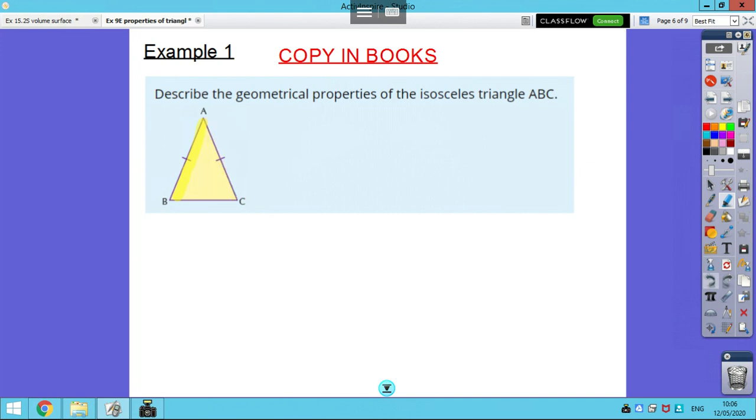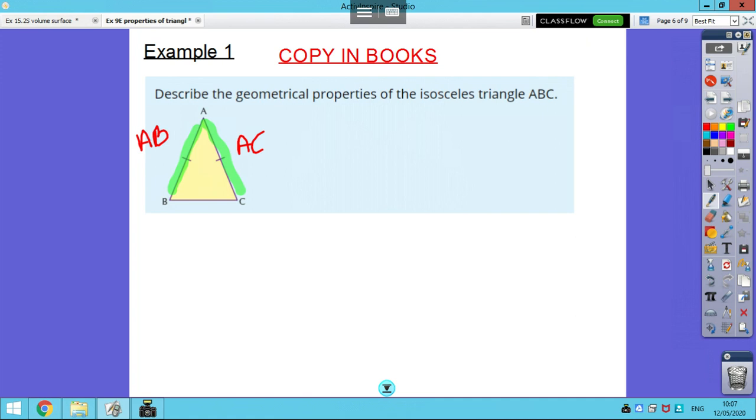I'm going to do it in a different colour just because I don't think that showed up very well. So this side and this side are the same because they've both got those little dashes. So this side I would call AB and this side I would call AC. Like A to B and A to C is what that means.